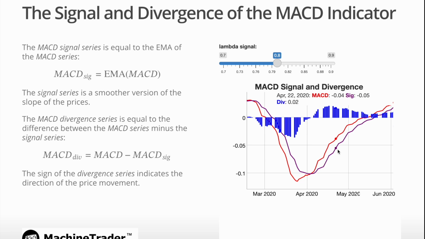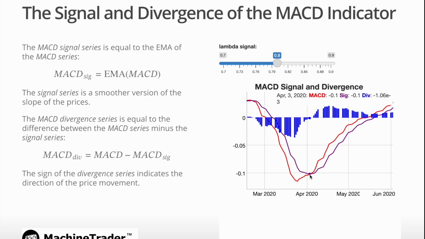And then the MACD signal is the purple, the darker line. And the difference between the two, the MACD divergence, are the blue bars.